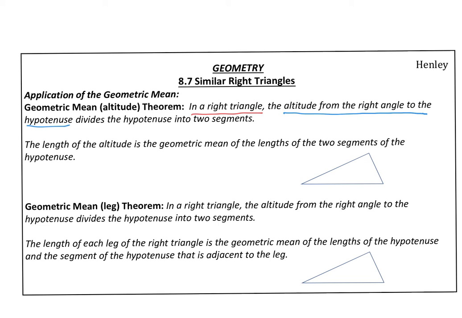So, if we have a triangle A, B, C, this is our right angle, we're going to find the geometric mean, which is we take our line straight down, making a right angle here on the hypotenuse.